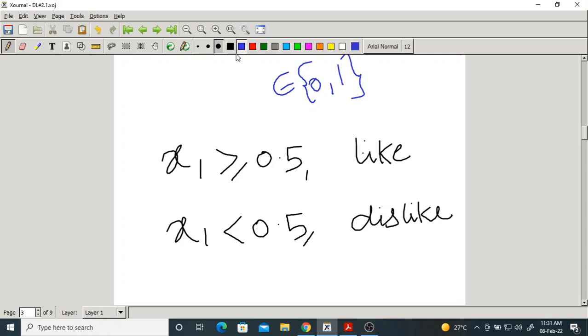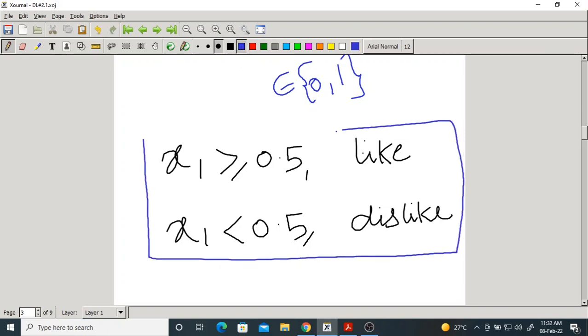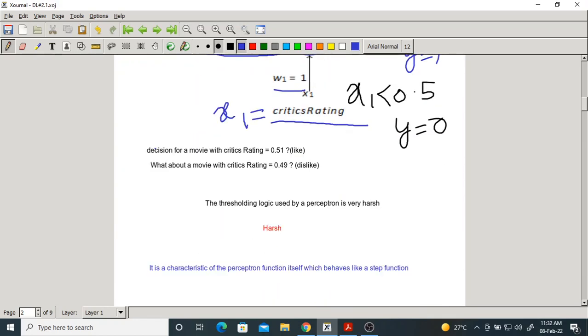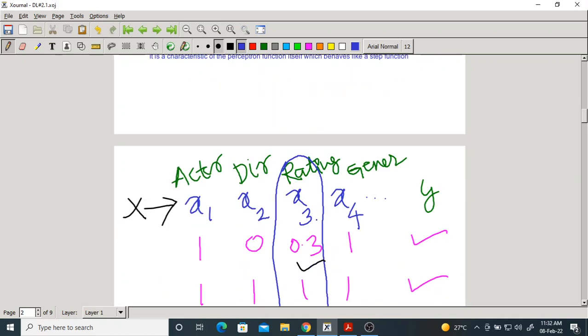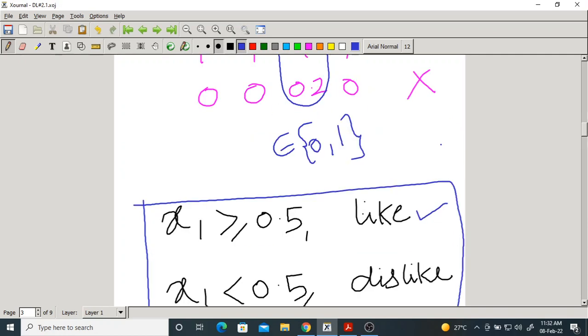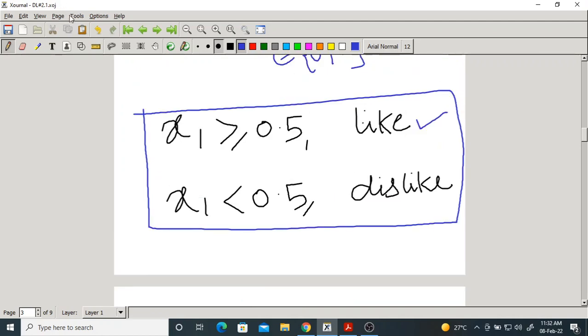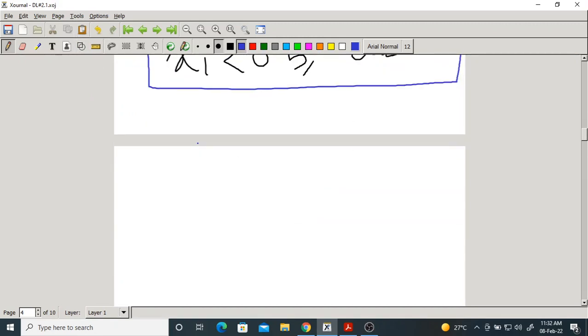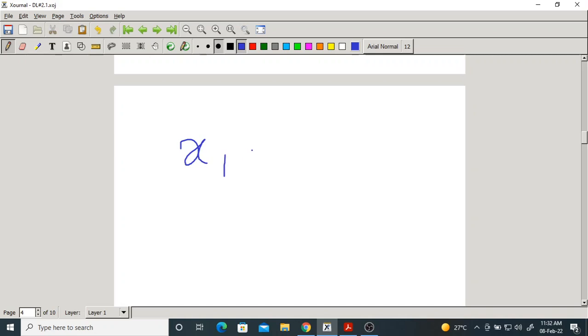What I want to say is this is a harsh rule. The threshold logic used by the perceptron is very, very harsh. Why is it so harsh? Let me take a simple example. Suppose the rating is 0.51. It is more than 0.5, so you say that I like the movie.